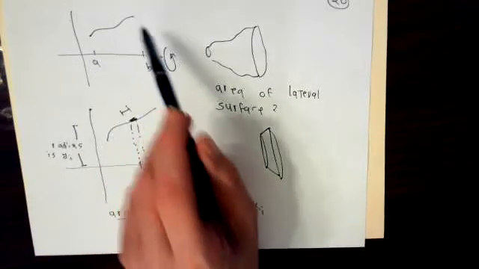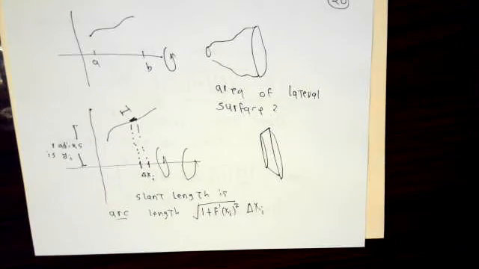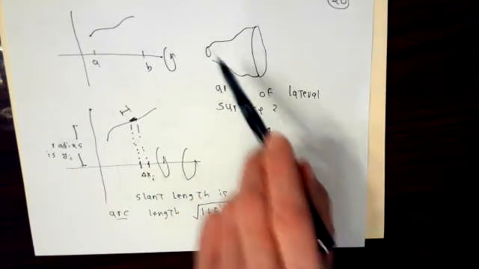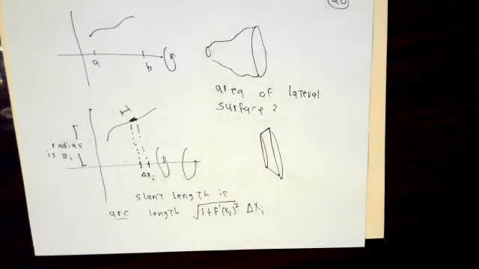I look at the graph of some y equals f of x, and I think of revolving that around the x-axis, much in the way that we did with our volumes in the previous sections, except this time I'm not interested in the volume. I'm interested in how much surface area there is around the sides, the lateral surface area.